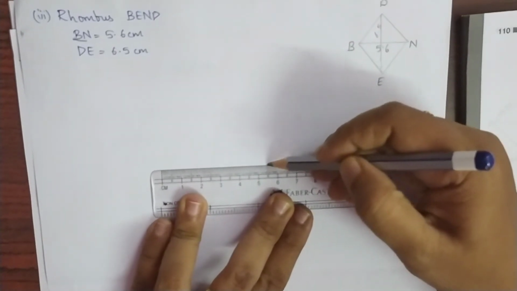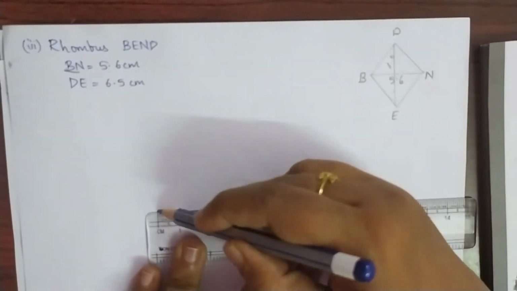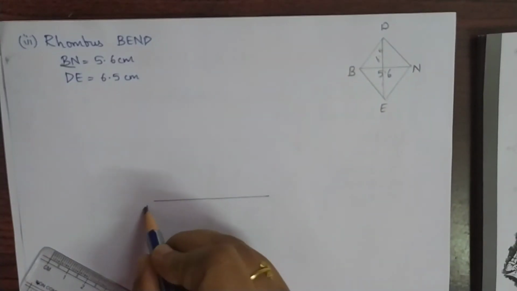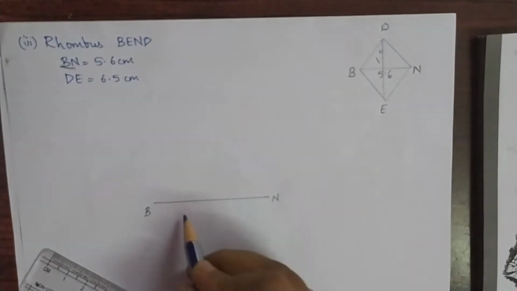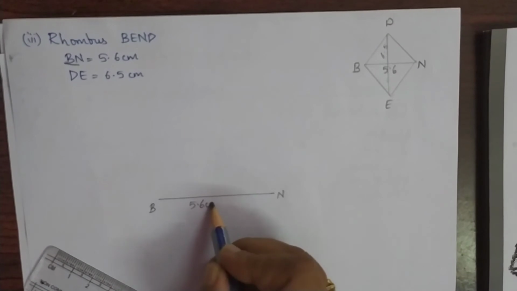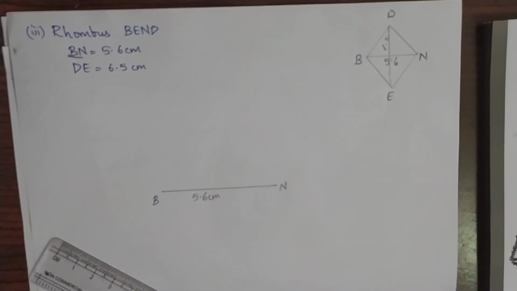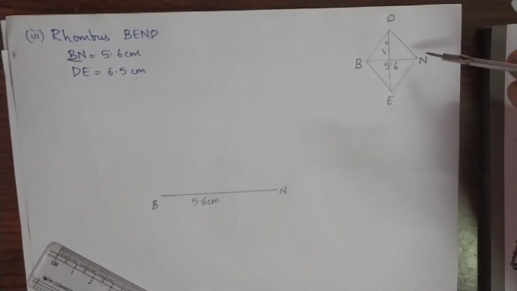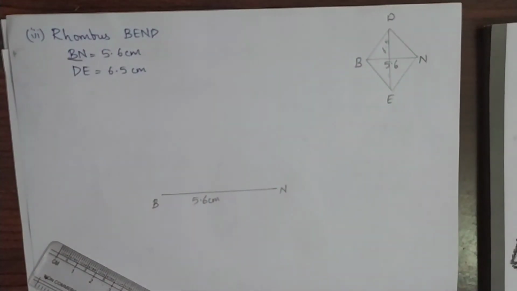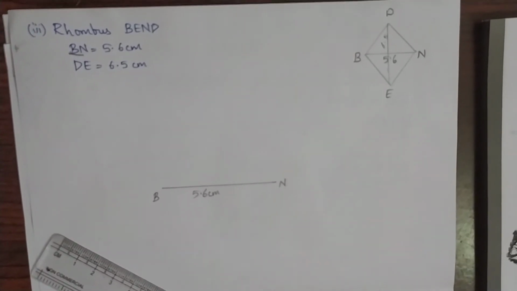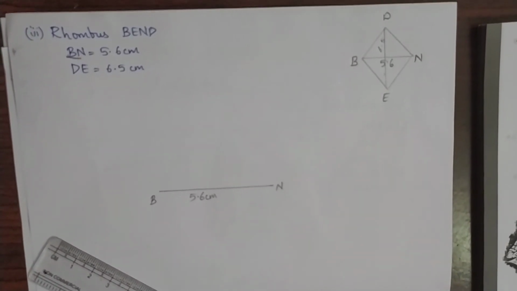So, start, draw a line. 0 to 5.6 is BN, which is a 5.6 centimeter measurement. Now what do we do? We are going to draw 6.5 from the center. How are we going to draw 6.5 from the center?